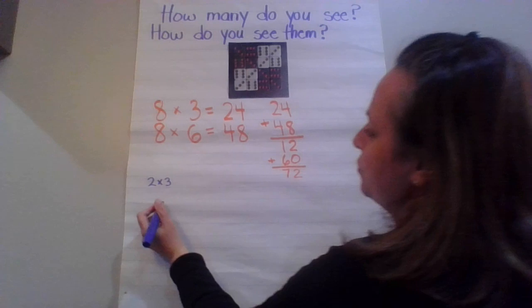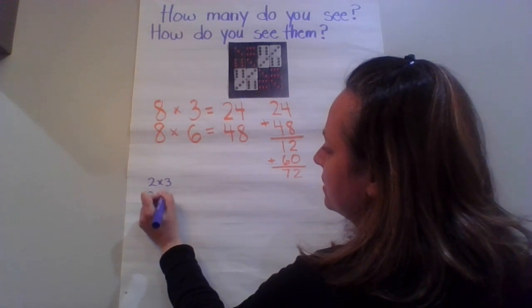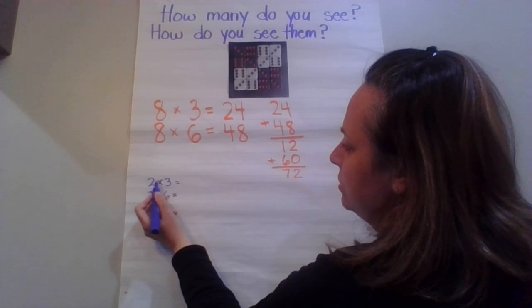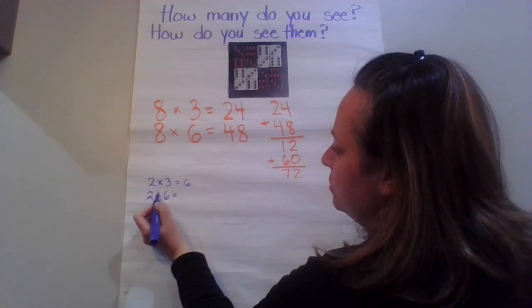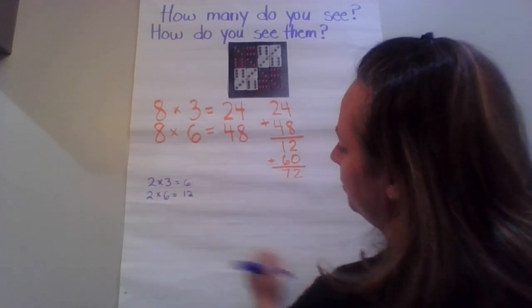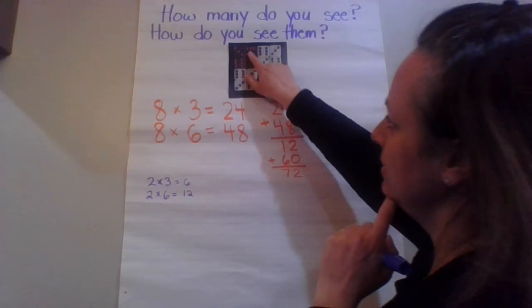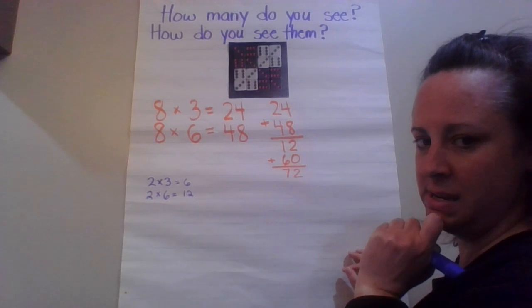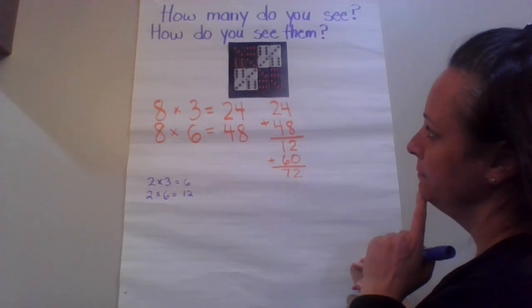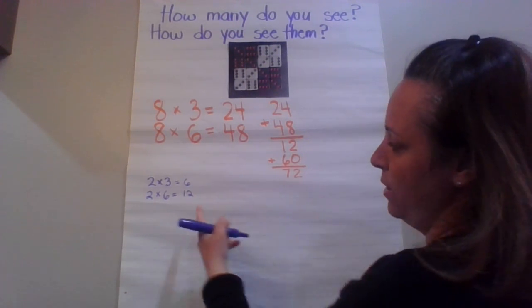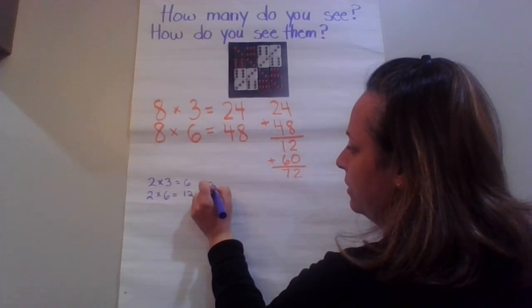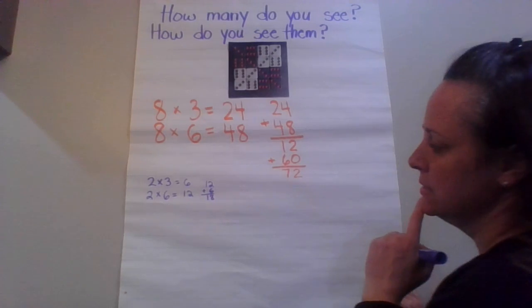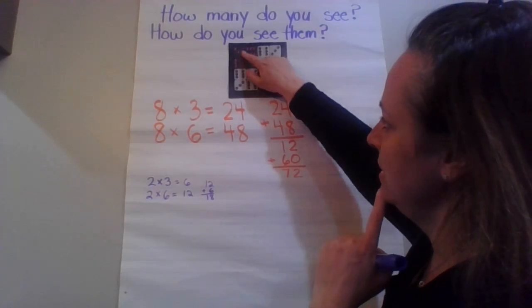And I have 2 groups of 6. So 2 times 3 is 6. 2 times 6 is 12. So in these 4, how many dots do I see?